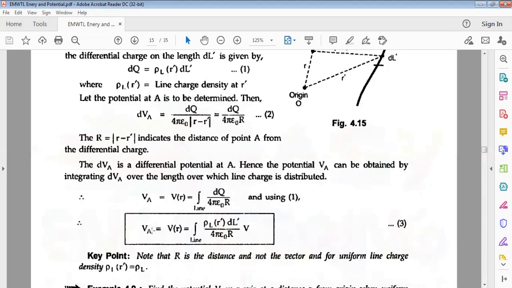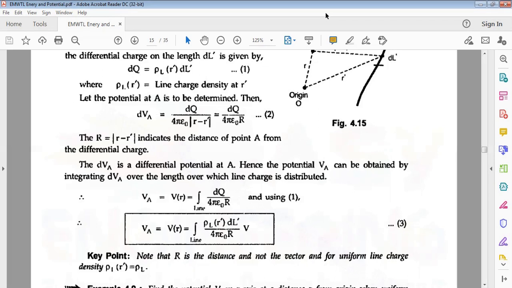Okay, VA is equal to, what is dQ? We got rho L dl. So rho L of r dash dl bar over 4 pi epsilon naught R, the line integral.